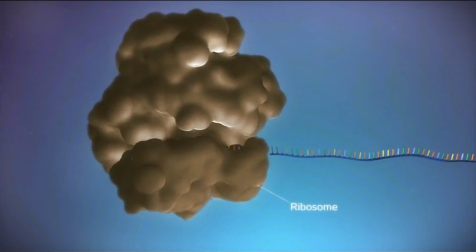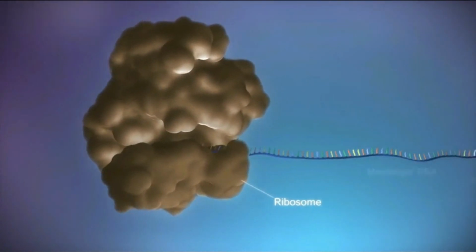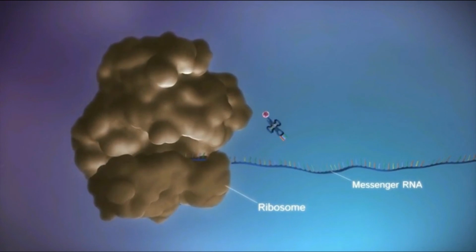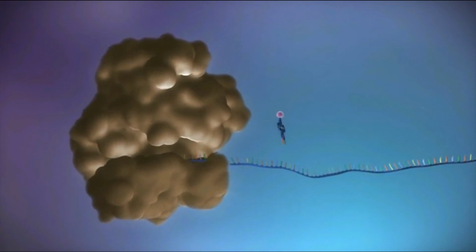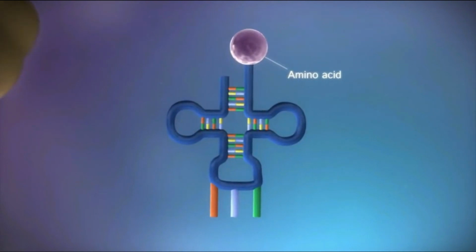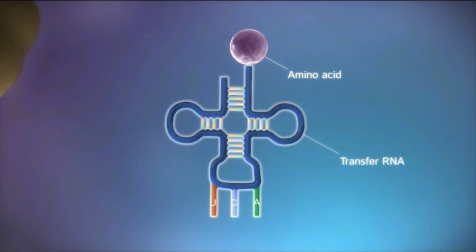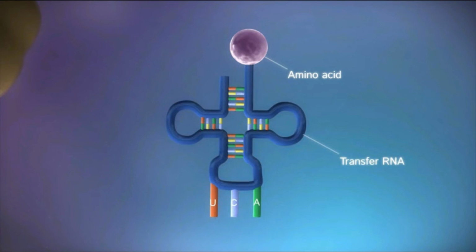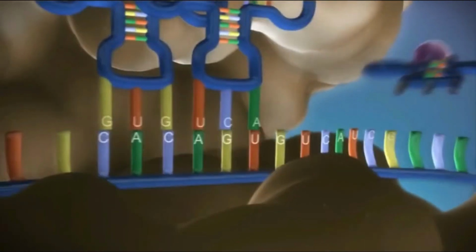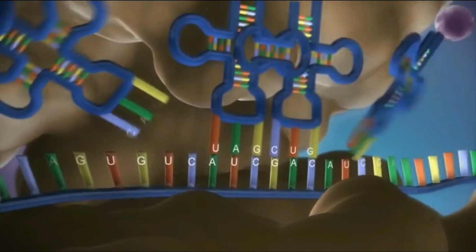When it reaches the cytoplasm, the ribosomal RNA binds to the mRNA, and there are also tRNA molecules found in the cytoplasm. The tRNA molecule can carry an amino acid. The corresponding bases are present on the other side of the tRNA. This transfer molecule transfers all the amino acids to the mRNA strand.